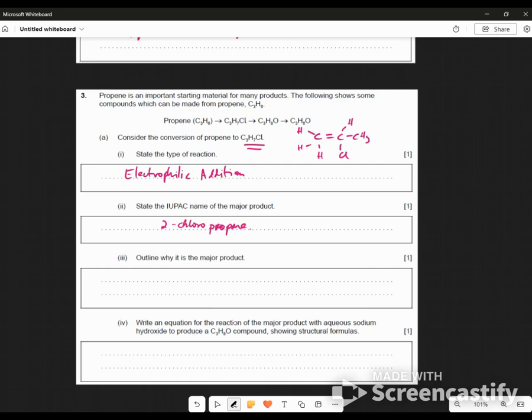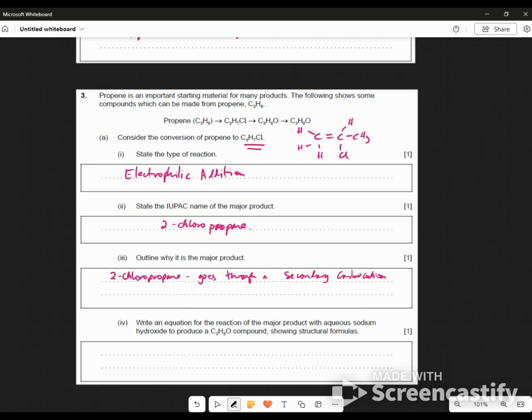It is because to get the 2-chloropropane, it goes through a secondary carbocation.